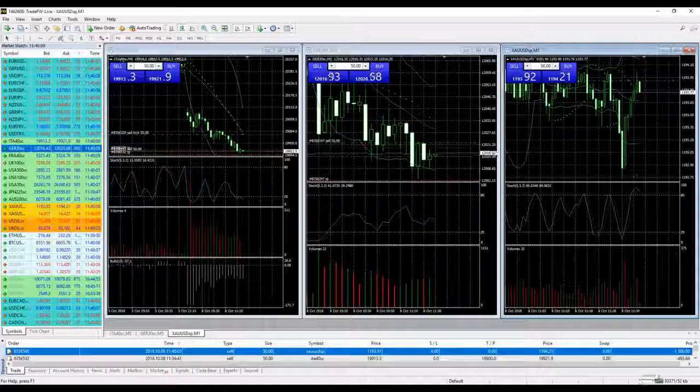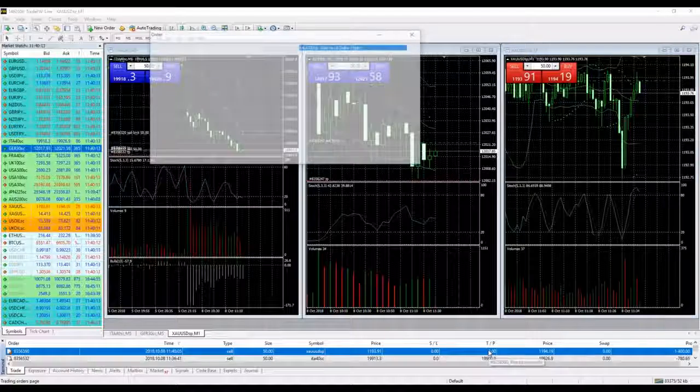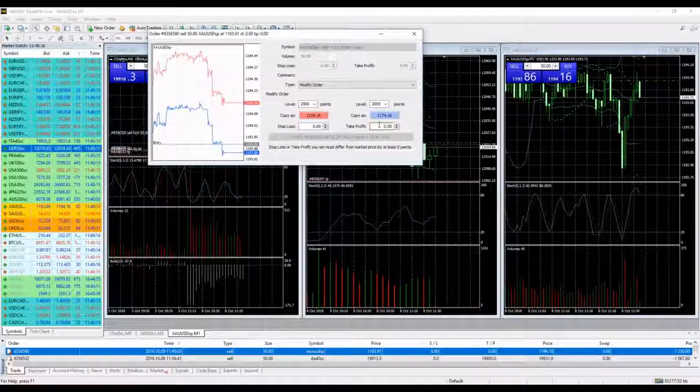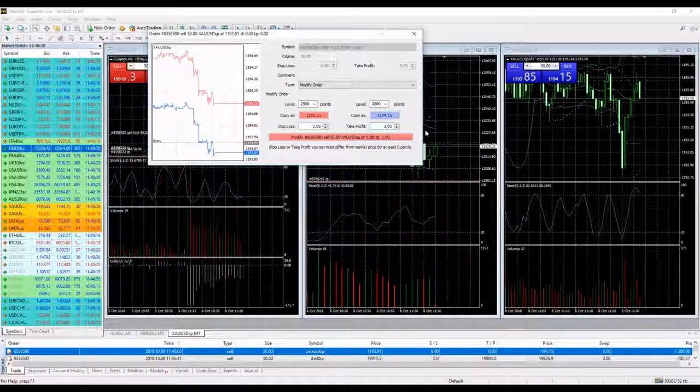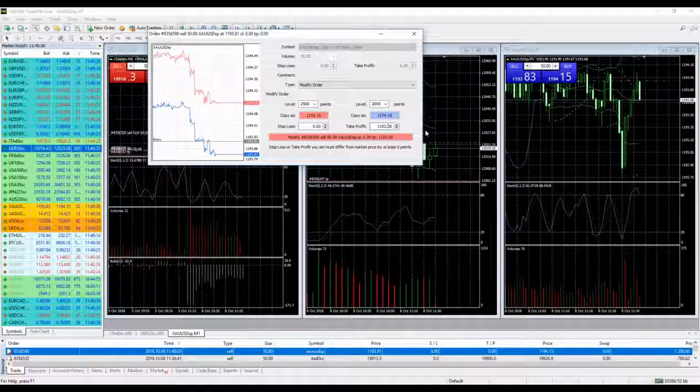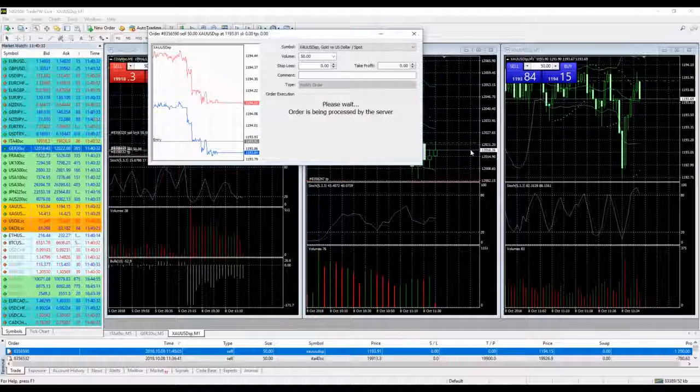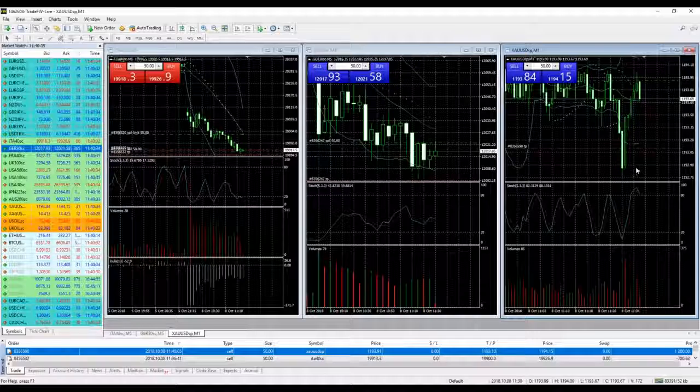And my take profit on gold is at 1,193.10. On gold, it's approximately $3,000, $4,000, not bad.